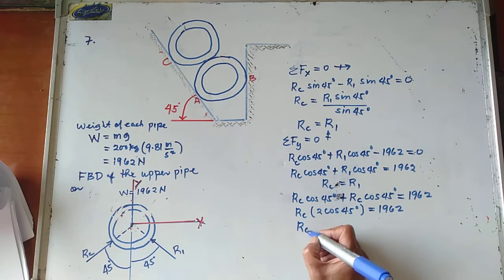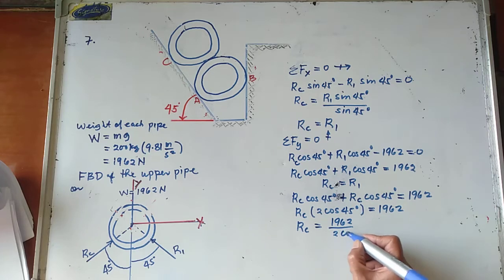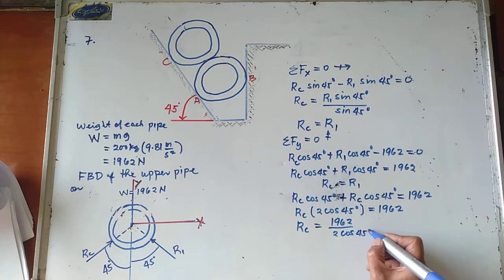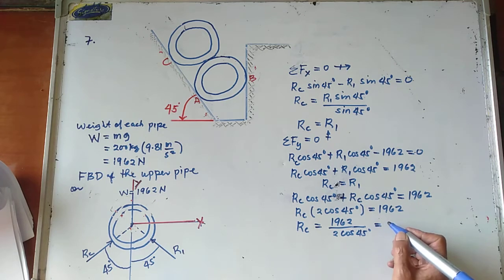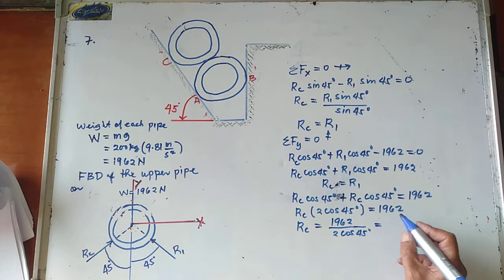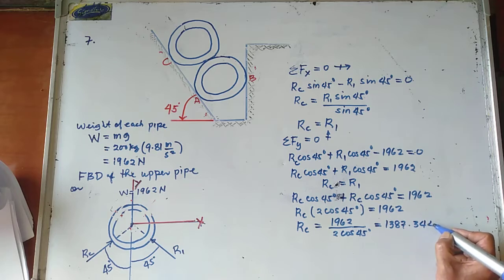So your RC is equal to 1962 all over 2 cosine of 45 degrees. So your RC is equal to 1387.344 newtons.